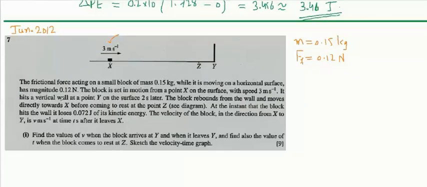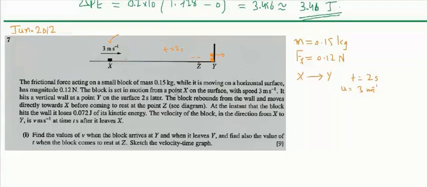It hits the vertical wall at the point Y, so it is going here and hitting the wall. I will draw it here. So 2 seconds later, t is equal to 2 seconds from x to y. So from x to y, time is 2 seconds and initial speed is 3 meters per second.